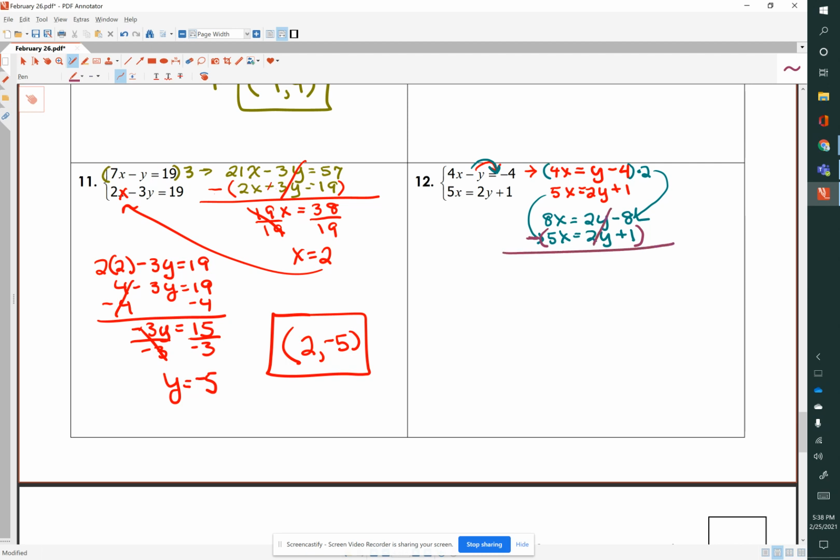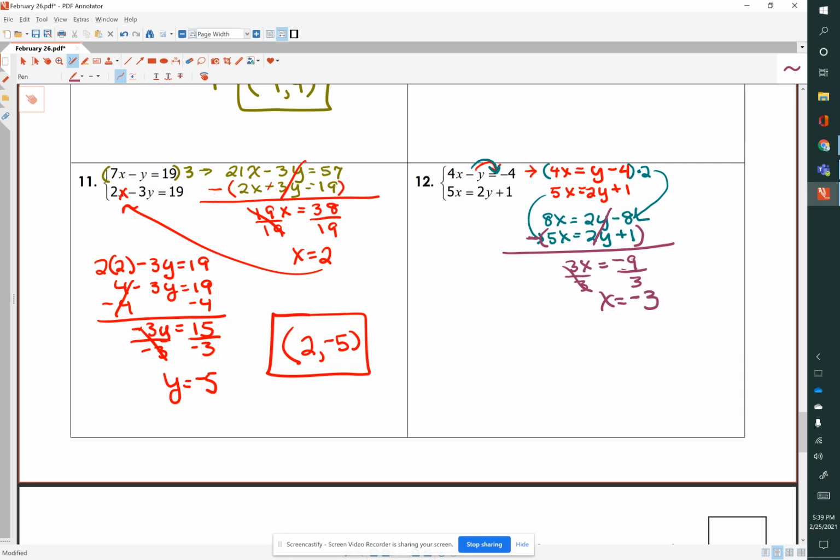That eliminates my y values. And then 8 minus 5, that's 3x, equals negative 8 minus 1 is negative 9. And I'll divide both sides by 3, and x equals negative 3.